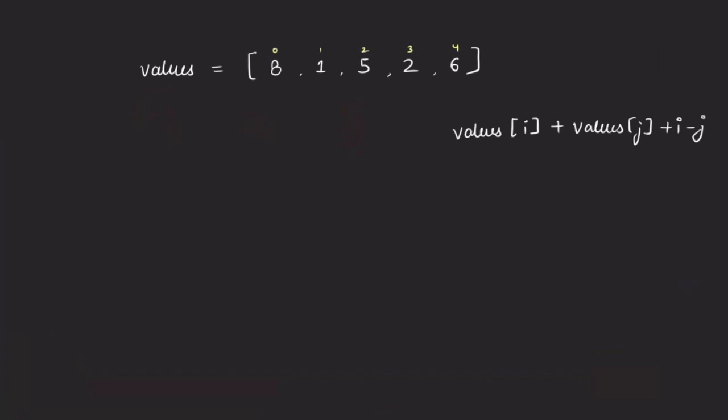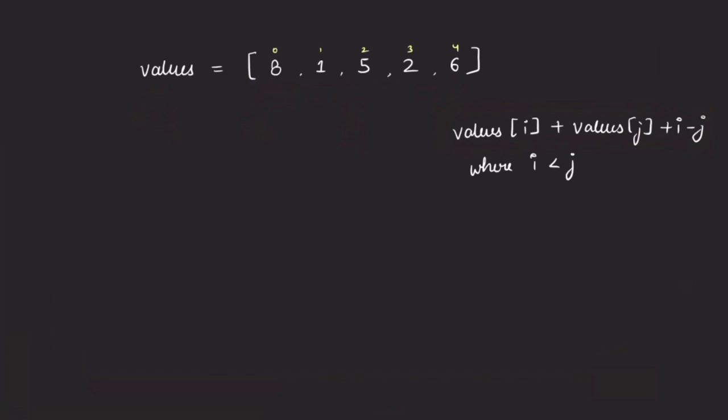For any pair inside this values array, whichever pair gives the maximum value for this formula, that maximum value is your maximum score and you need to return it as your answer.